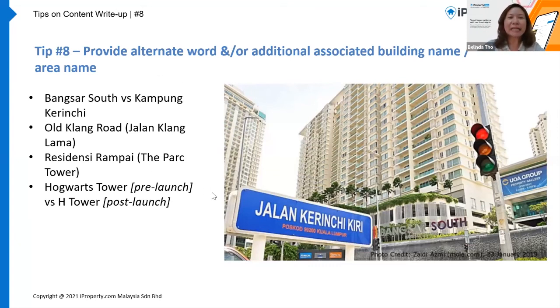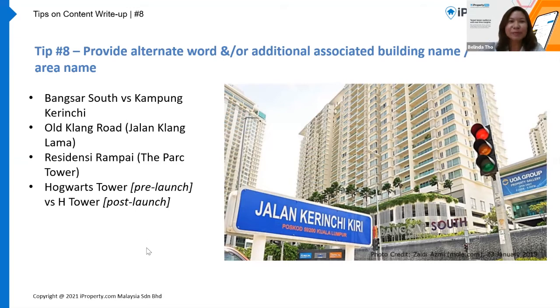These are the reminders to share with you all. When you are preparing your contents, if you know that an alternate name is available, please include both names as well. This is very, very crucial, because all these are relevant to your keyword as well.